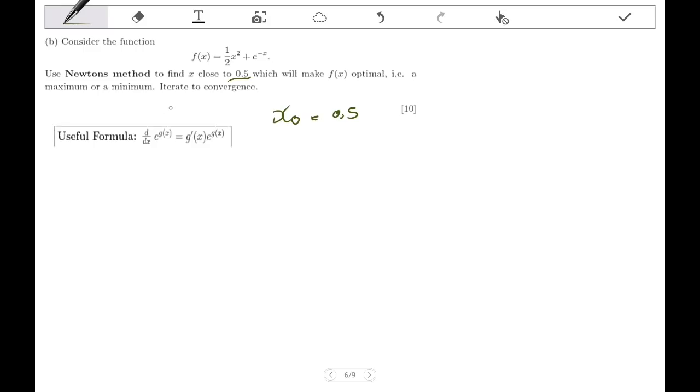Iterate to convergence. So what you have to do here, you have to know the maximum, minimum, and also the point of inflection.